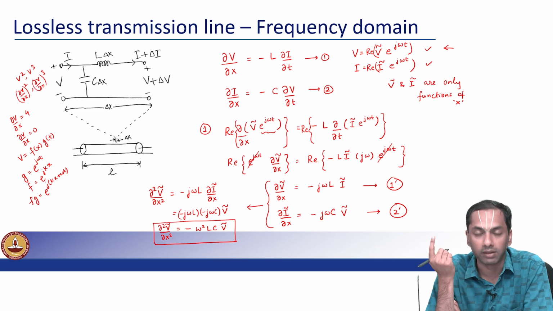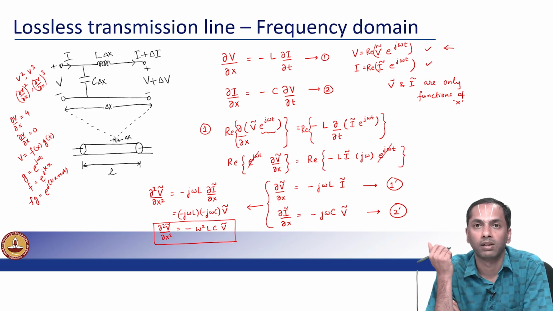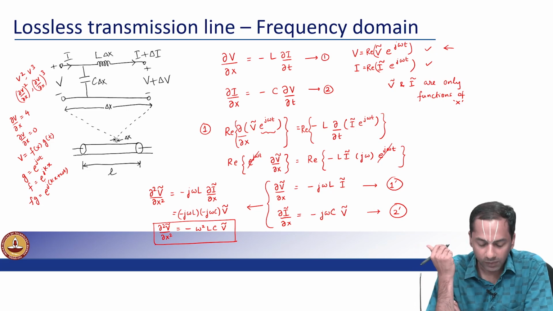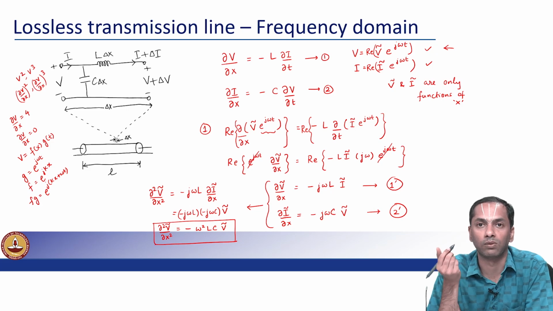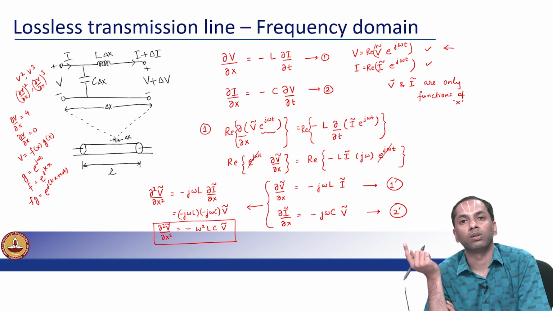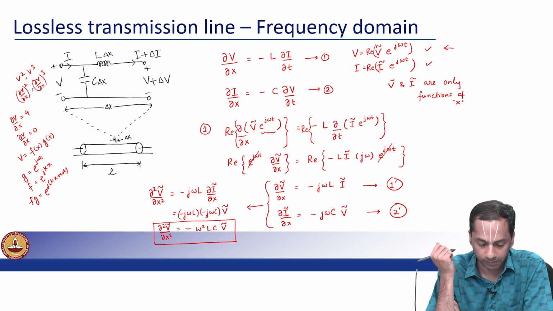You've probably done this in your grade 12, where you had the second derivative of a function being proportional to the function itself, right. So, in this case, the second derivative of voltage is essentially proportional to the voltage itself, right.